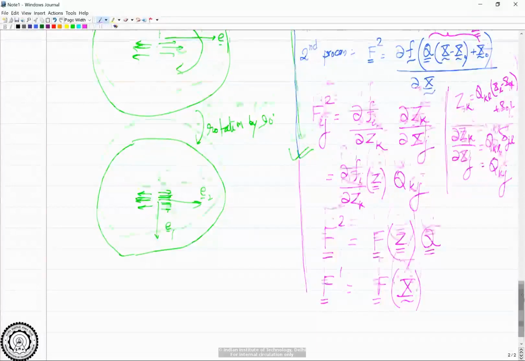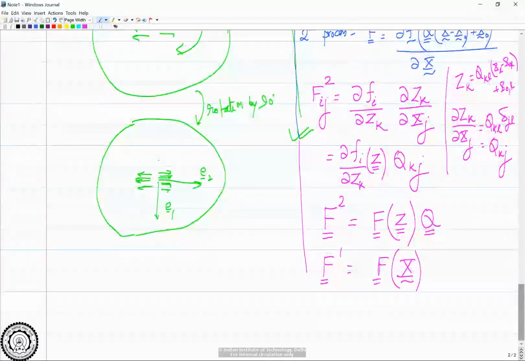Now if you also think of what is going to happen to energy, so W1 at big X, so you are talking of energy density at each point.